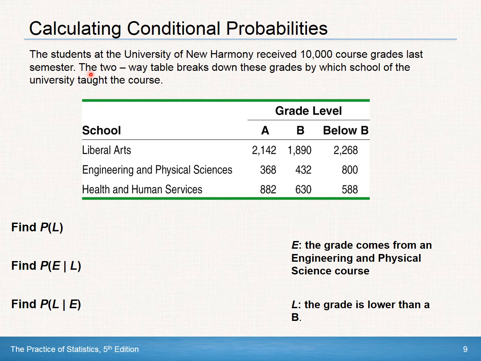Here are the different schools: liberal arts, engineering and physical sciences, health and human services, and here are the grades that they received: A, B, or below a B. E is the grade coming from the engineering and physical science course, and L is the fact that the grade is lower than a B. So what I would like you to do is try to find these three probabilities. Take a minute, pause it, see if you understood what this notation means, and then we'll check our answers.